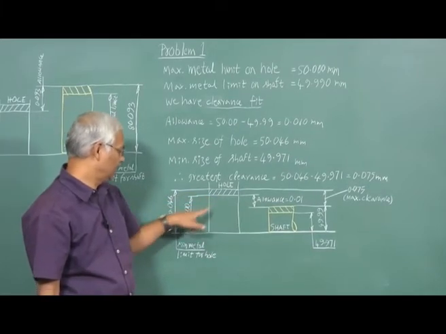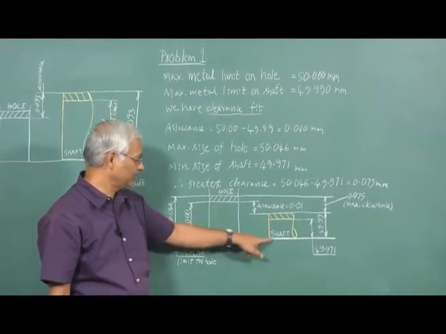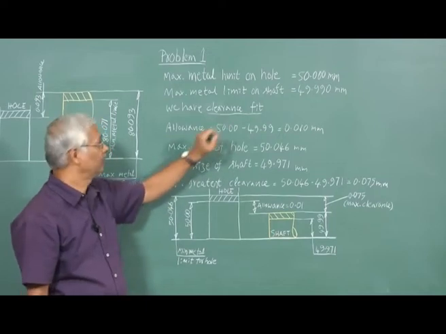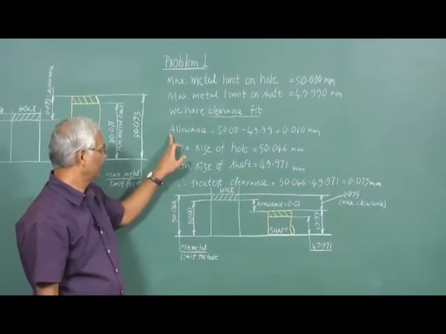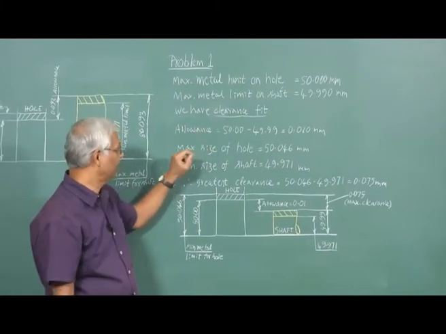Now since the minimum size of the hole is greater than the maximum size of the shaft, we have a clearance fit, and the allowance is the difference between the maximum metal limits of hole and shaft.